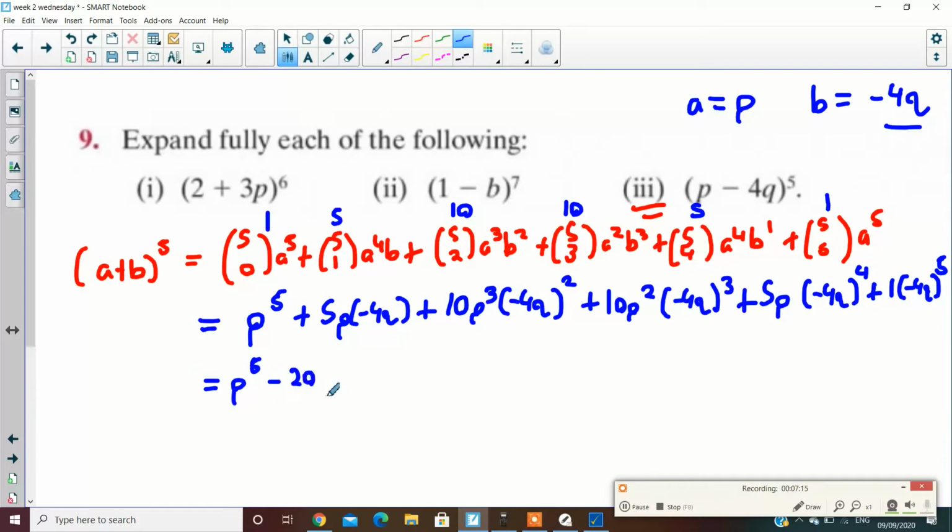Minus 20 pq after that. Oh, sorry, I made a mistake there. That's p^4, isn't it? p^5, p^4, p^3, p^2, p^1. Q squared, q cubed, q to the power 4, q to the power 5. Doesn't look like that, you've done something wrong. So what's the next one?